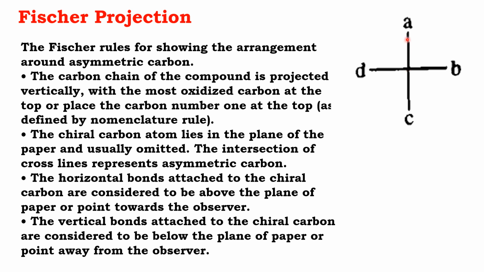Then the intersection of the vertical and horizontal lines represents the asymmetric carbon atom. So in Fischer projection formula, we represent it by vertical and horizontal lines, and the intersection of the vertical and horizontal line assumes the presence of the asymmetric carbon atom.